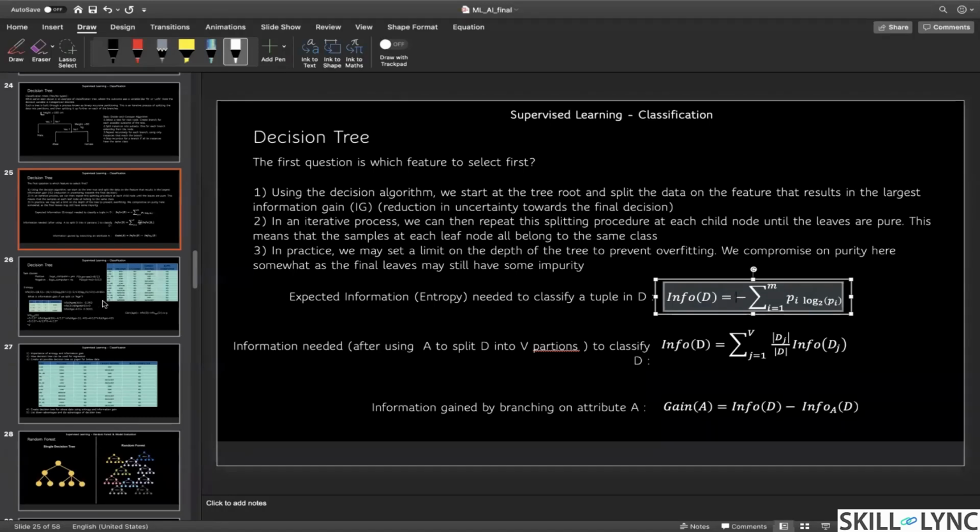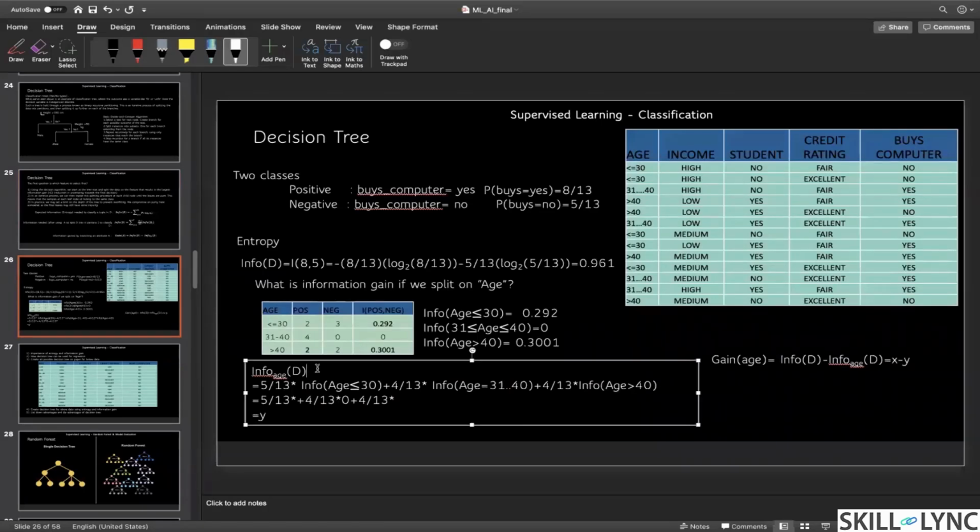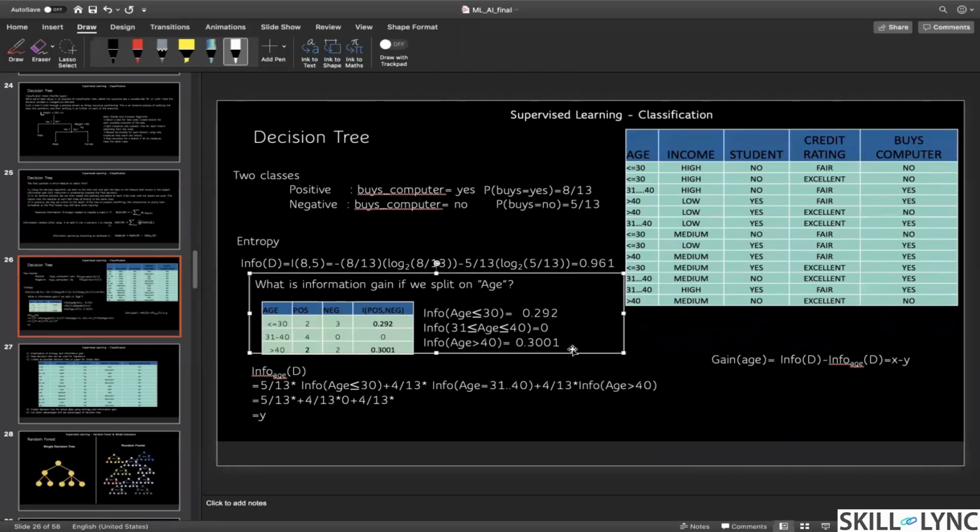We have segregated the age into positive and negative events and calculated it separately, because entropy cannot be calculated in a direct shot. So for the age column we found different subsets, and using positive and negative events we calculated each corresponding information or entropy.